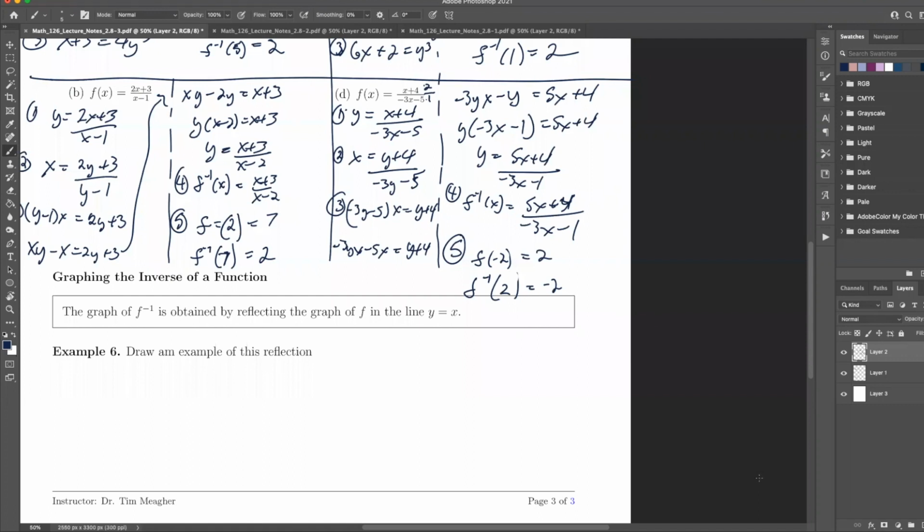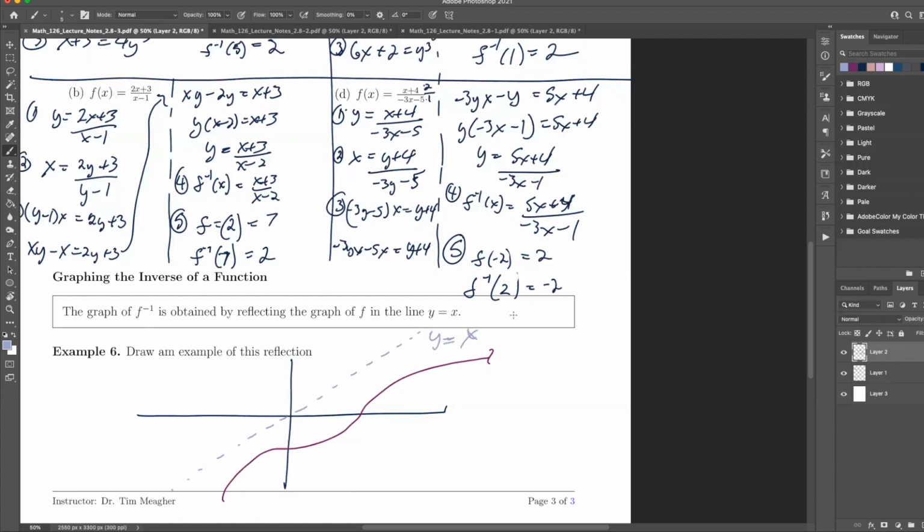Okay. All right. And then the last thing I want to do is just draw an example of a reflection. So here, let's pretend I have some function here. And I'll make it 1 to 1. Nope, that's not 1 to 1. There, that's a 1 to 1 function. And here, I have this line, which is y equals x, and I have this as my function.